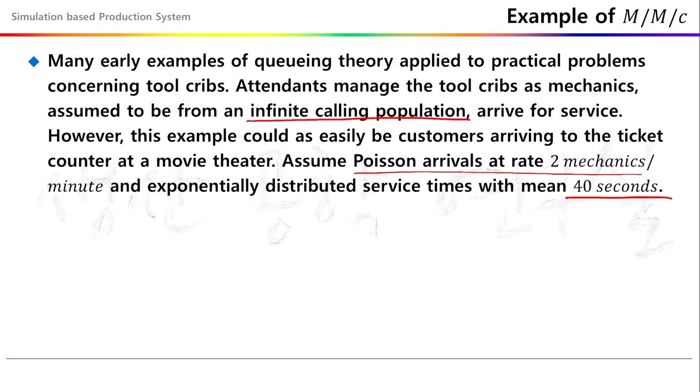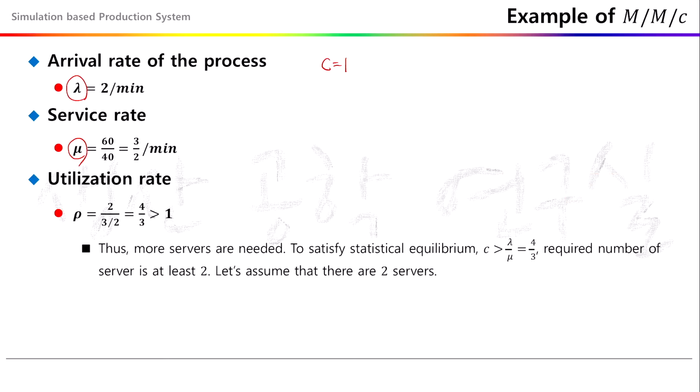From here, the service time follows a 40 seconds average time with the exponential distribution. So we have to convert it to minutes. So service rate is 1.5 per minute. So we take both parameters to the calculation of utilization here.